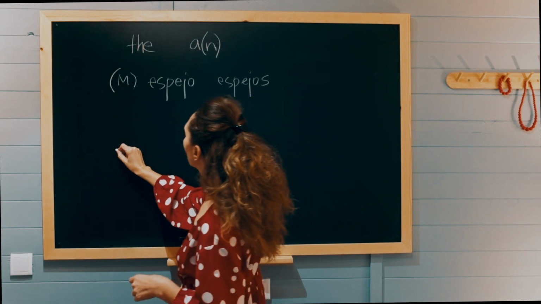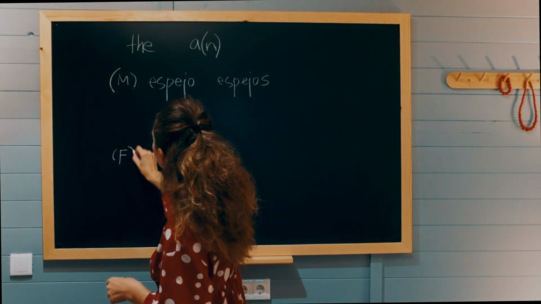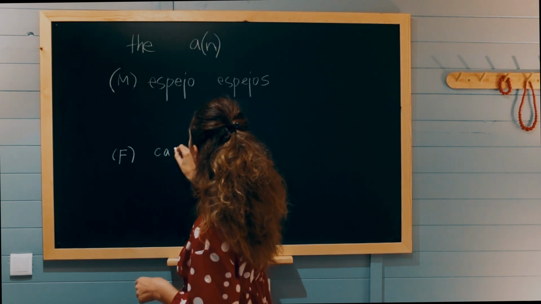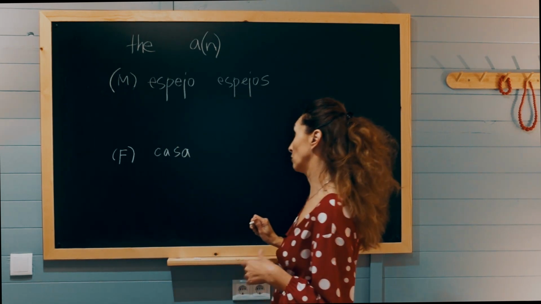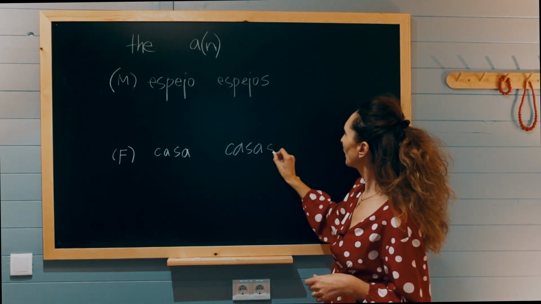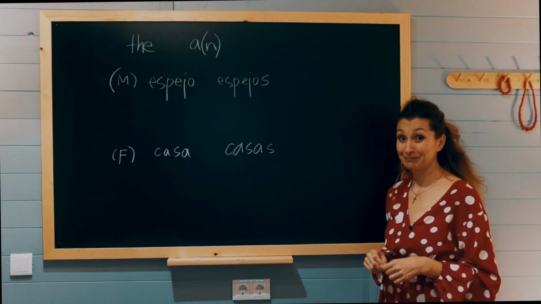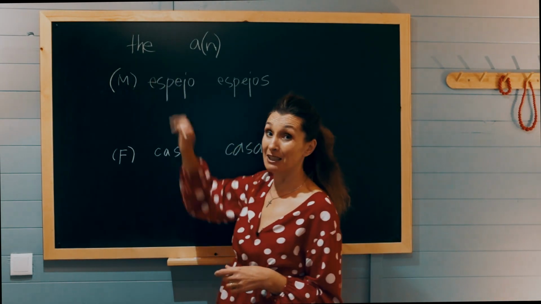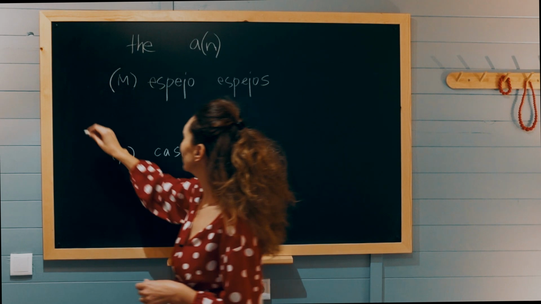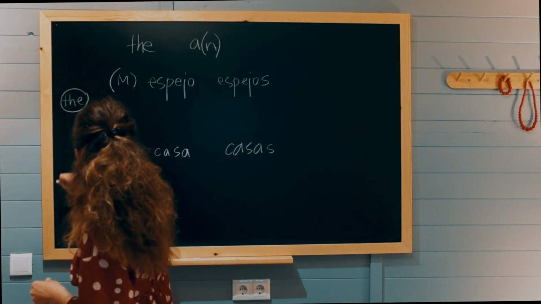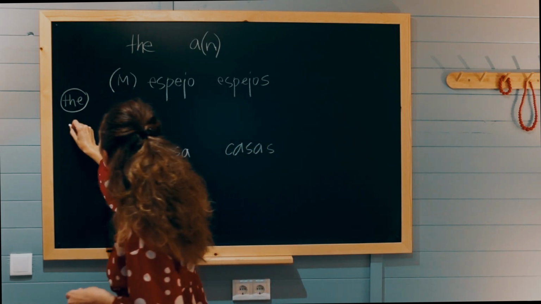And then we will have a feminine noun, I don't know, let's just say casa, a house or a home, and in plural, casas, okay? So, the definite article, and the indefinite.